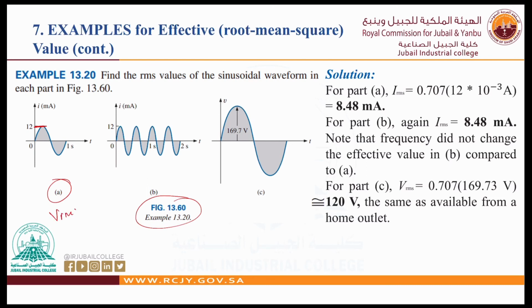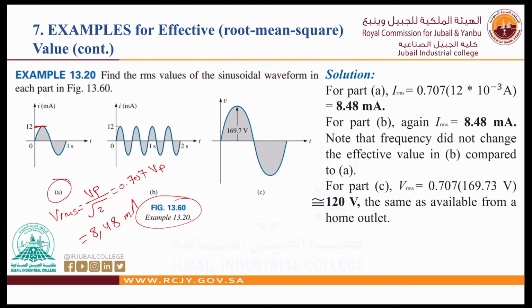VRMS is equal to V peak over root 2, or it is equal to 0.707 multiplied by V peak. They are the same. The answer is 8.48 milliampere.